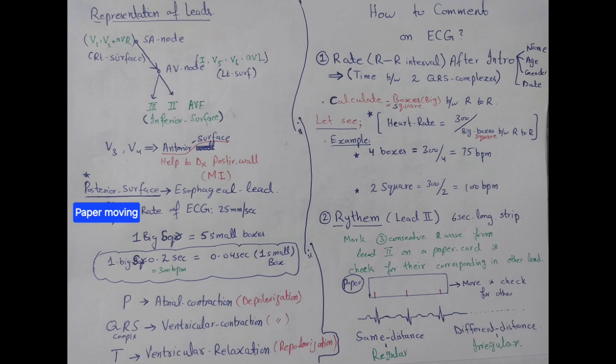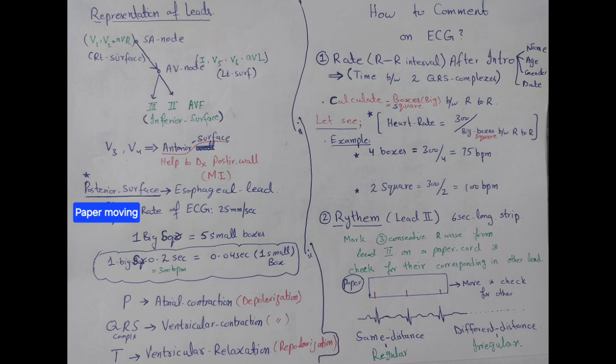Let's see, for example, we have 4 big squares or 4 big boxes. So how much will be the heart rate of the patient? This will be equal to 300 divided by 4, which is 75 beats. And if you see 2 squares, that will be equal to 150 beats per minute.